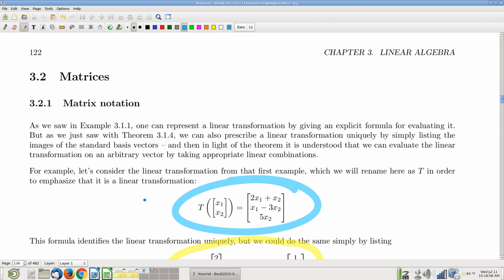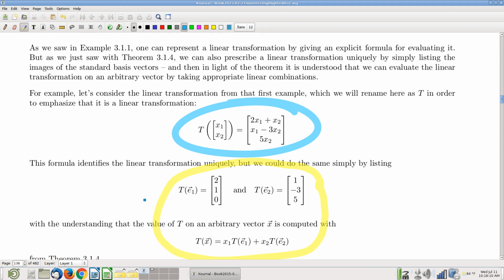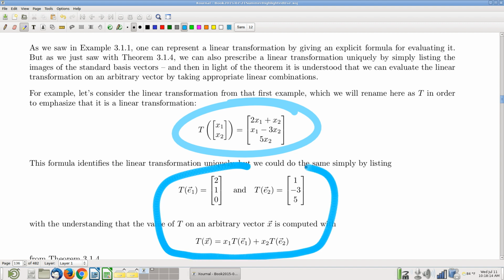Cool. We made a big deal out of the fact that you can characterize that simply by knowing the images of the standard basis vectors, right? If you know T of E1 and T of E2, and you know that this is a linear transformation, that's all you really need to write down.